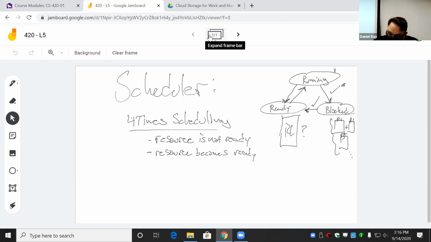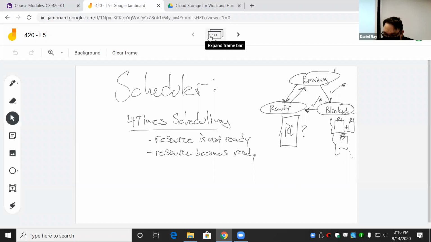Perhaps less obvious is why we need this one to trigger a scheduling event, okay? We trigger a scheduling event here because a blocked process becomes ready, moves to ready, right? We need to have the scheduler determine, hey, was that an important thing? Did that need to run?